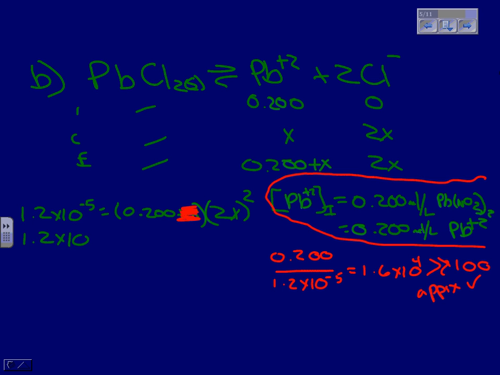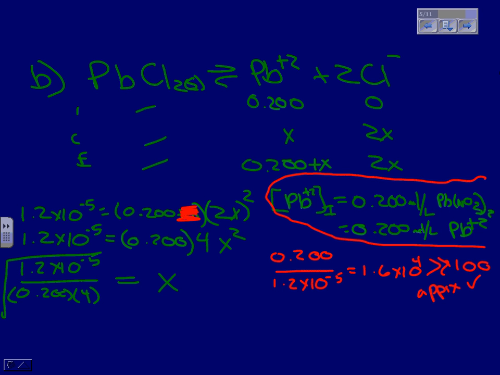1.2 times 10 to the minus 5 equals 0.200, and I'm going to bring this through the squared, 4x squared. I can now bring these two multipliers down to the bottom: 1.2 times 10 to the negative 5 divided by 0.200 divided by 4 is equal to x squared. So I'm going to take the square root of both sides.